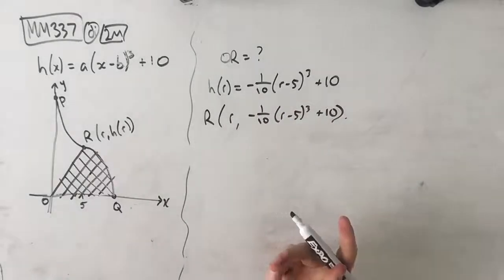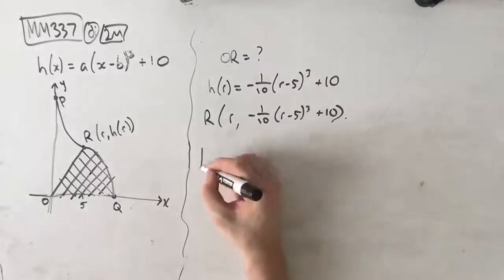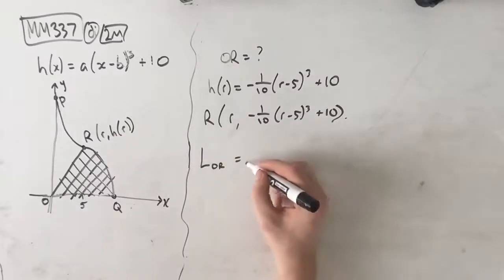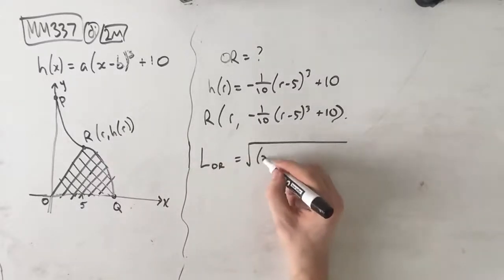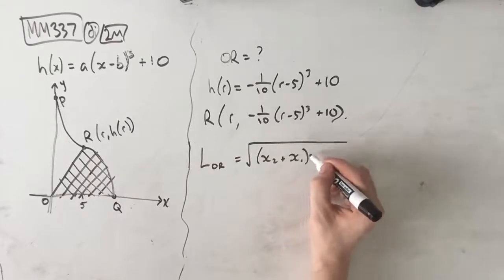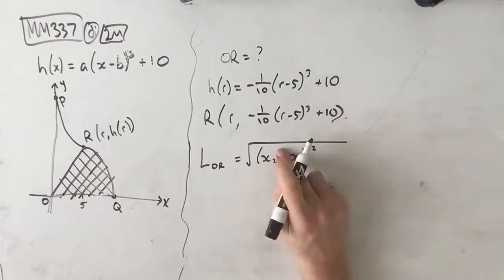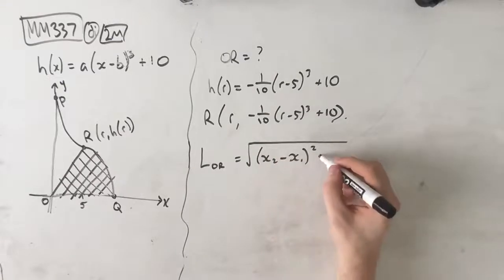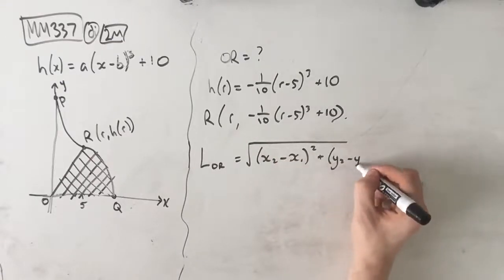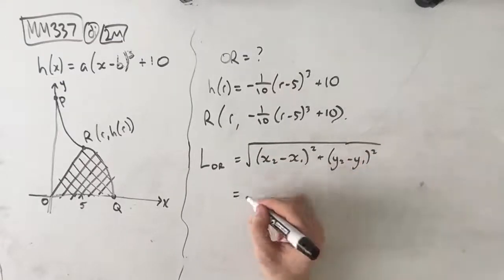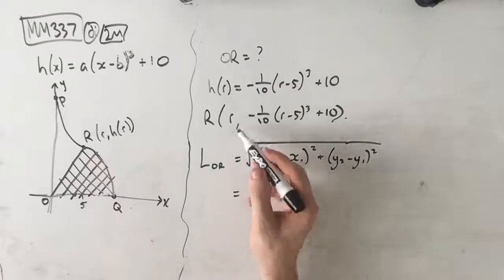Awesome. So now, our actual length formula, so the length of OR is equal to the square root of (x2 minus x1) squared plus (y2 minus y1) squared. Awesome. So our first x value is going to be r.